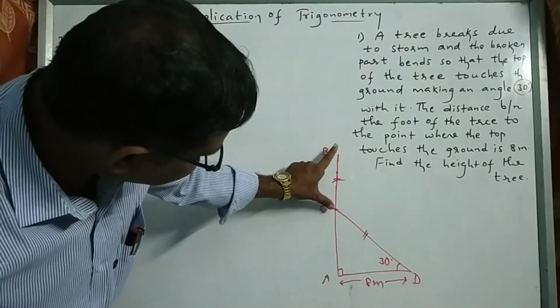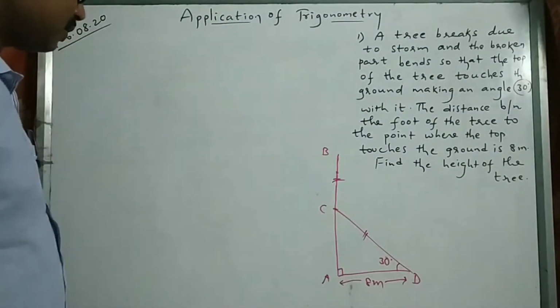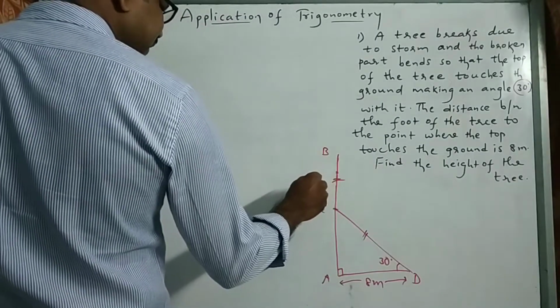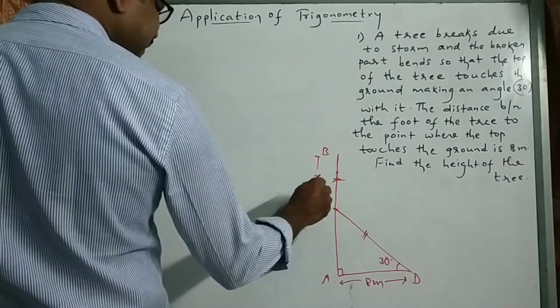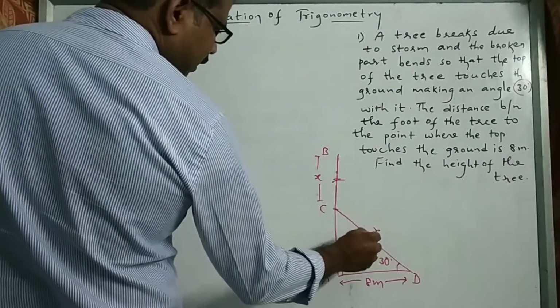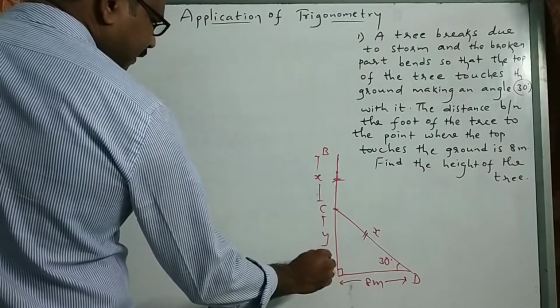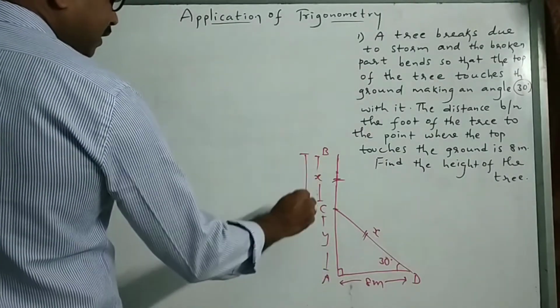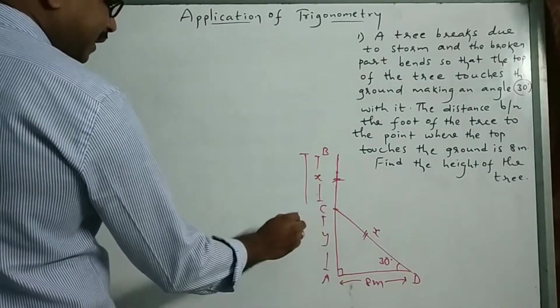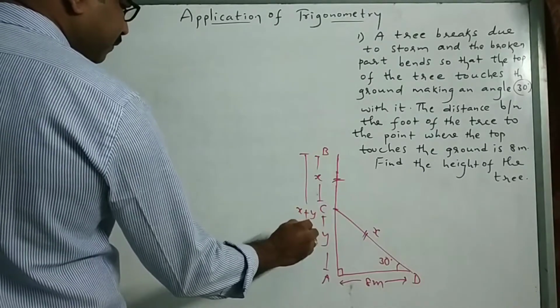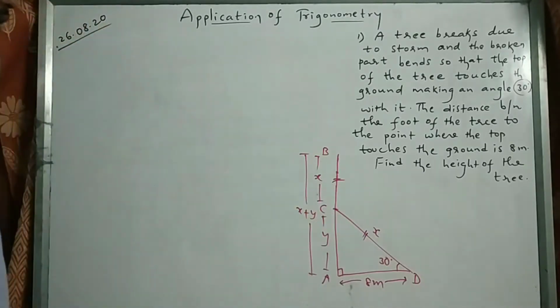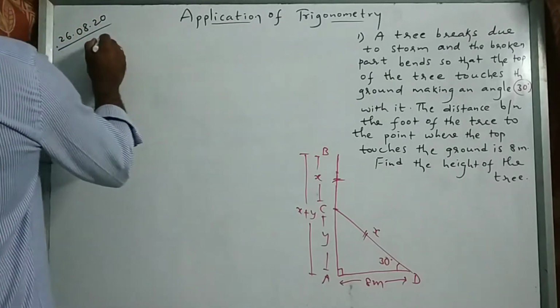So let the broken piece be x. Then this is also automatically x. Then this will be y. Find the total height of the tree before it was broken. So that means we have to find the value of x plus y. Right? So what is the AB?